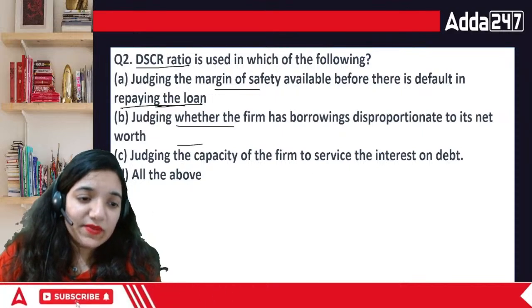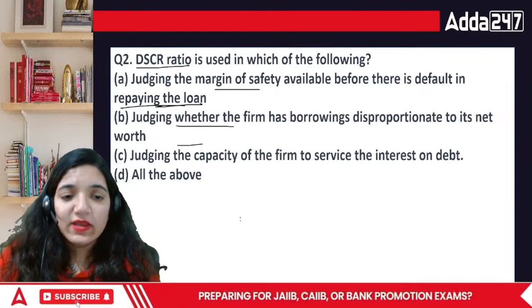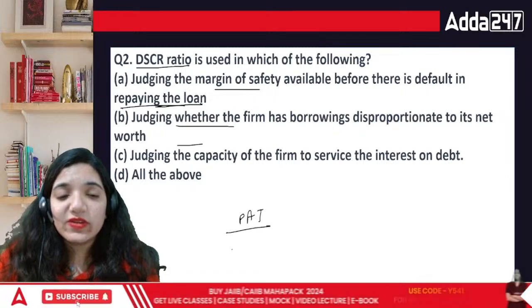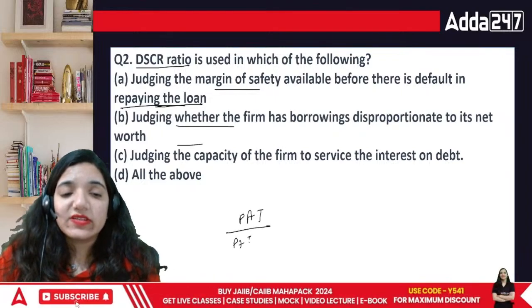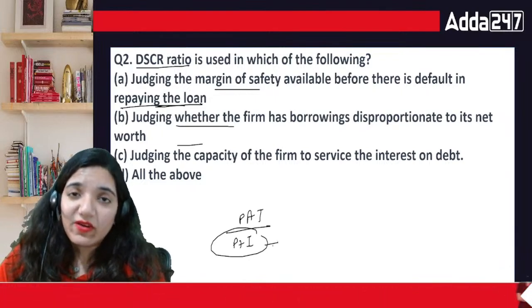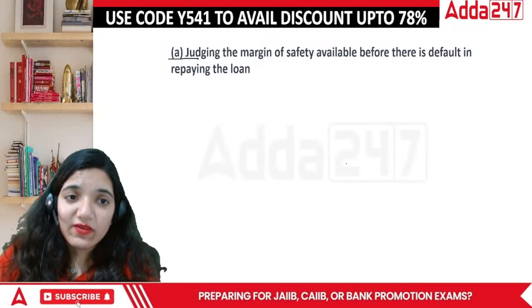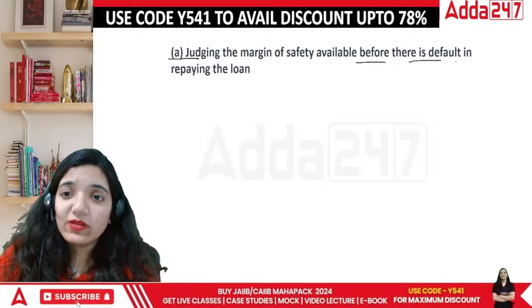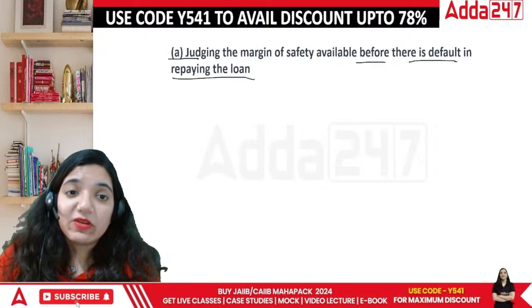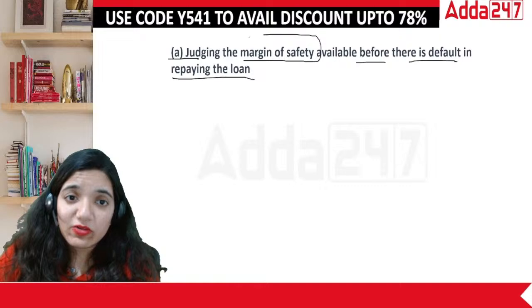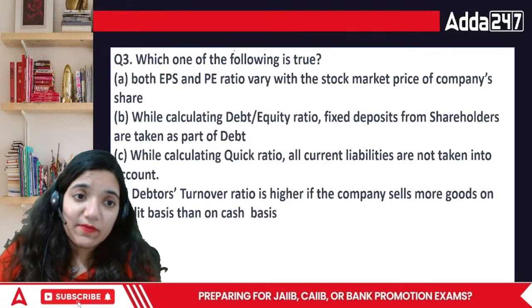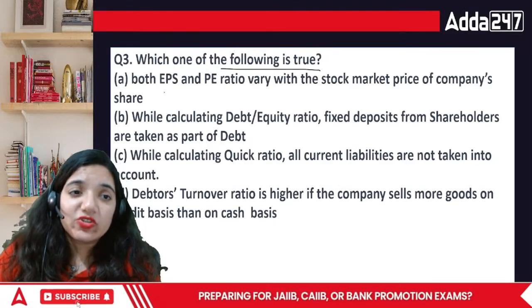It asks you what is the profit you have in context with your principal plus interest. Any kind of principal repayments or interest repayments that you have to make. That is why it is called debt service. So before the default of repayment of the loan, what is the amount that you normally have in your pocket?